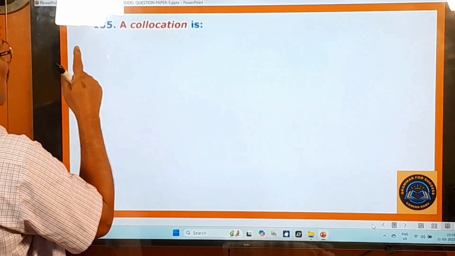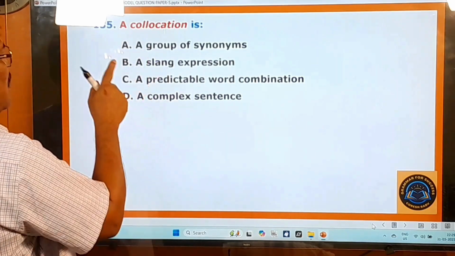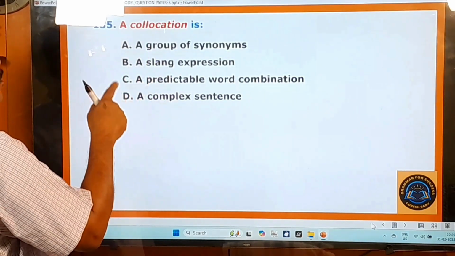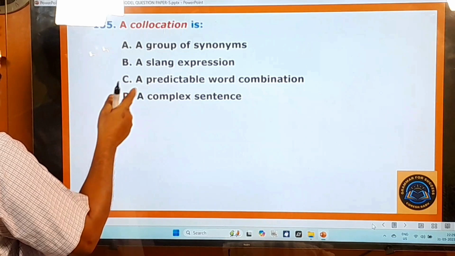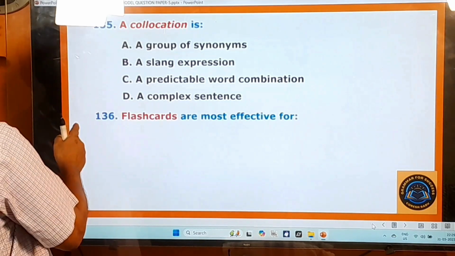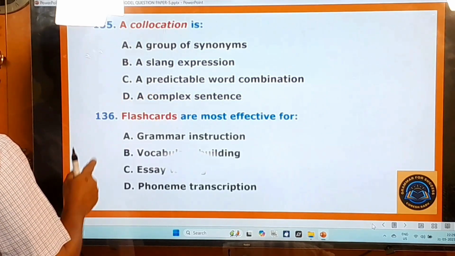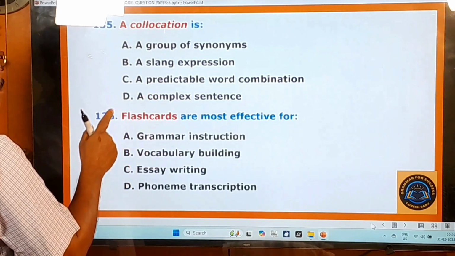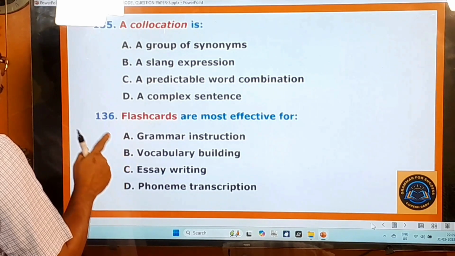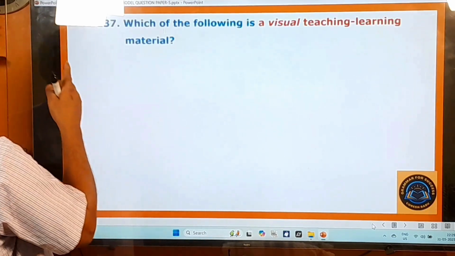135th question. A collocation is a group of synonyms, a slang expression, a predictable word combination, a complex sentence. 136th question. Flashcards are most effective for grammar instruction, vocabulary building, essay writing, phoneme transcription. 137th question.